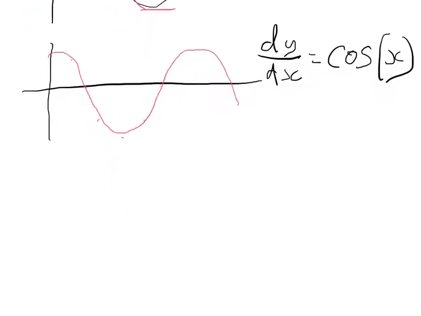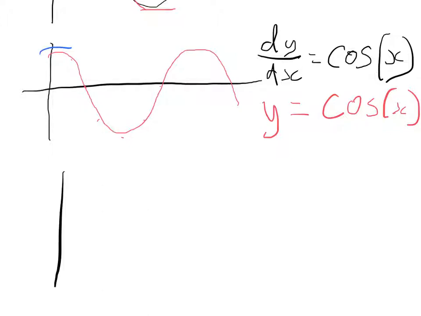Now, if we want to differentiate cos of x, we'll call this one y equals cos x. Well, it's going to start out at 0. Then here it's going down, so it's a negative gradient.